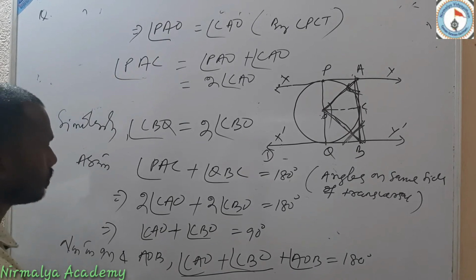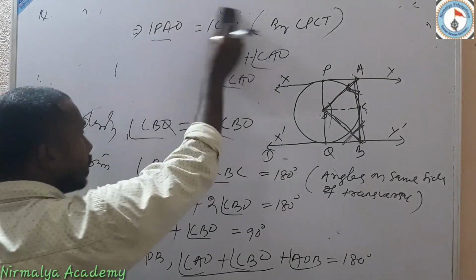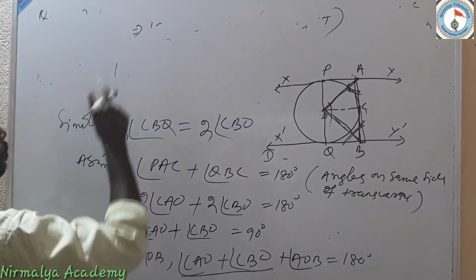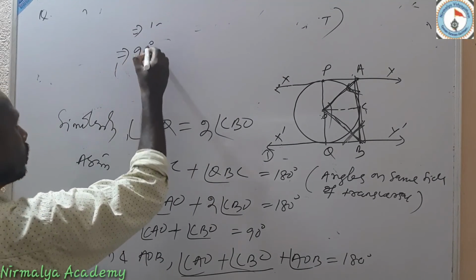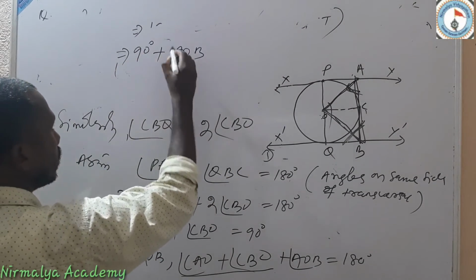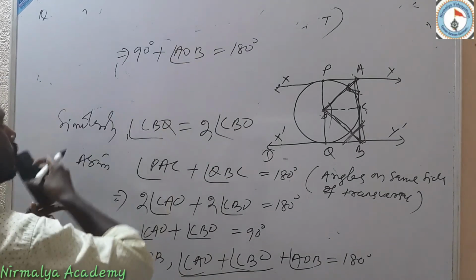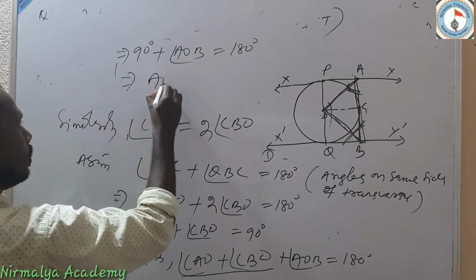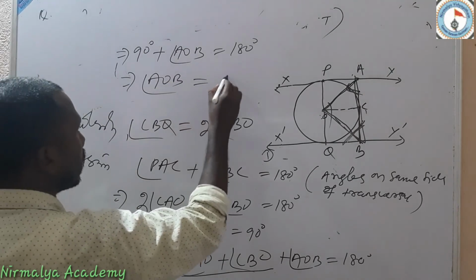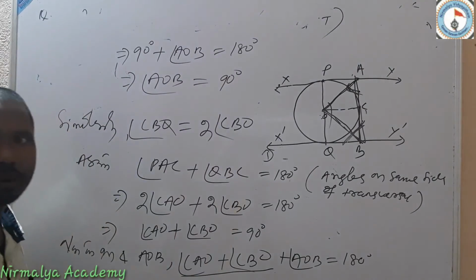So that implies 90 degrees plus angle AOB equal 180. So that implies angle AOB equal 90 degrees. The proof is done.